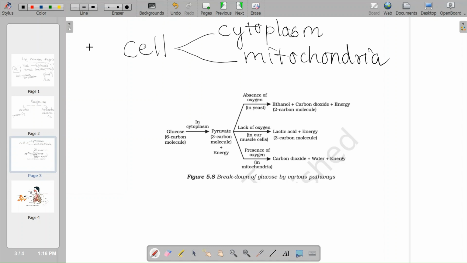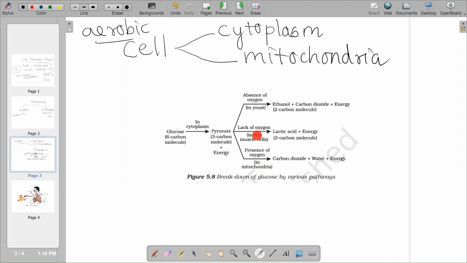So, if it is aerobic respiration, the breakdown takes place in cytoplasm and mitochondria. Glucose is broken down into pyruvate in the cytoplasm, and this pyruvate, in the mitochondria, in the presence of oxygen, is converted into carbon dioxide, water, and energy.